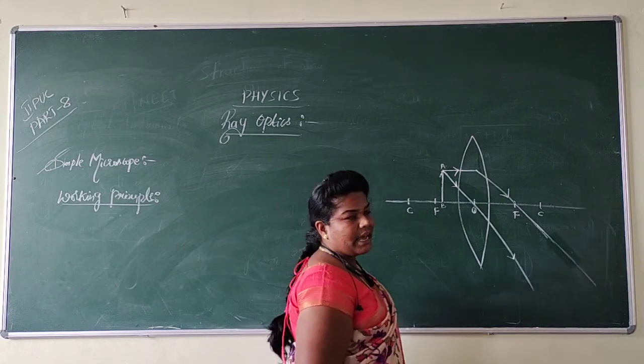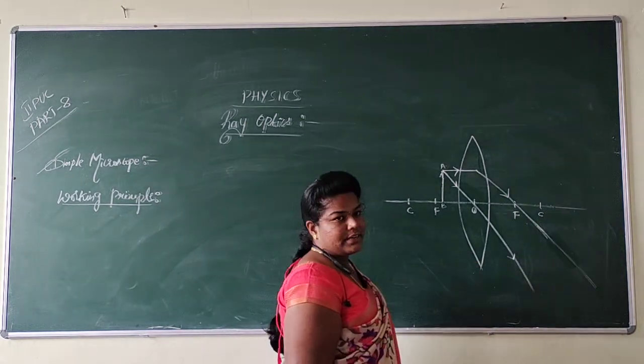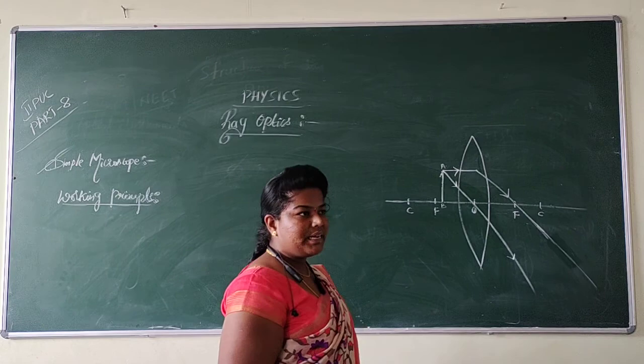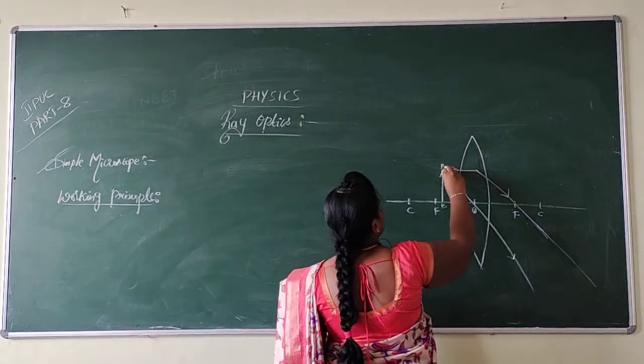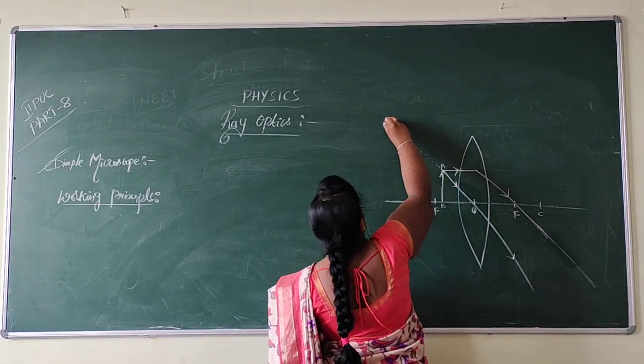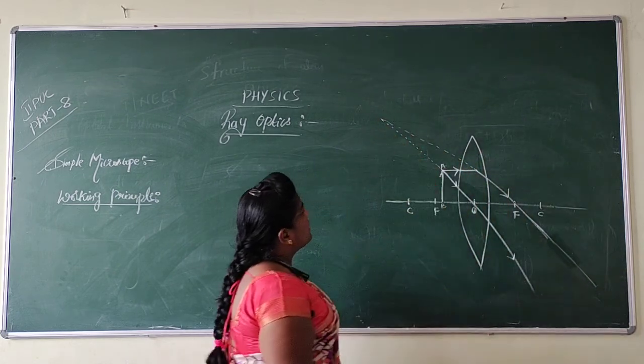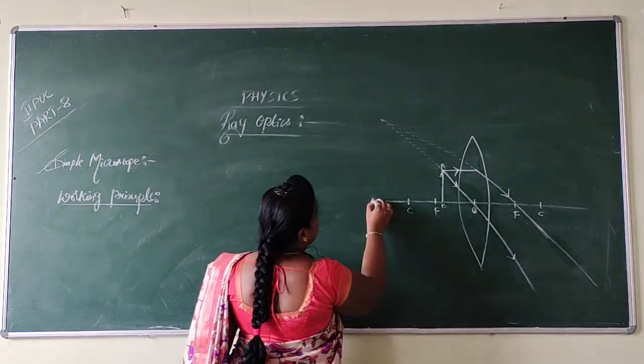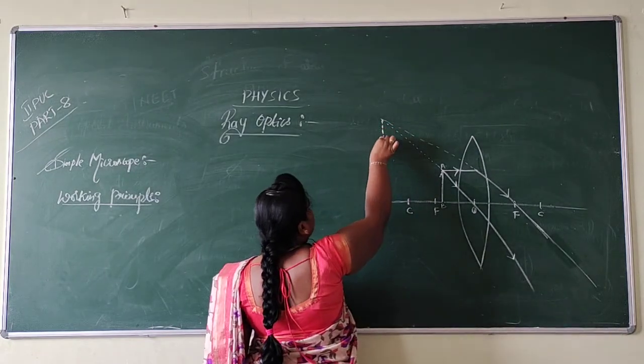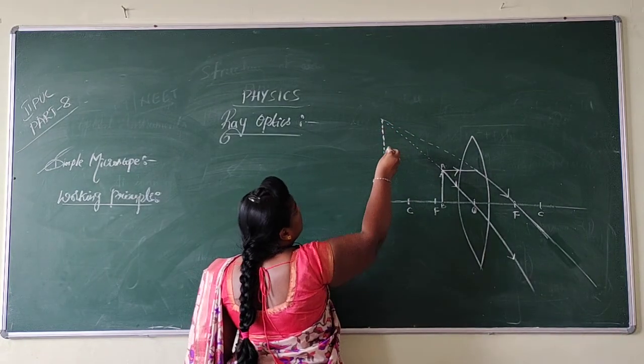You can observe the two rays. The two refracted rays are diverging rays. They are not going to meet anywhere. So if I extrapolate them backwards, they are going to meet at some point, so the image is formed at this position.